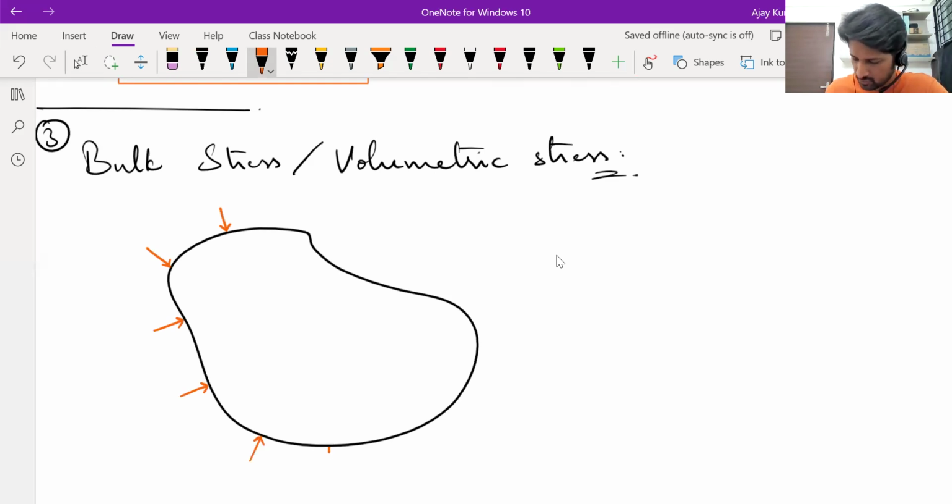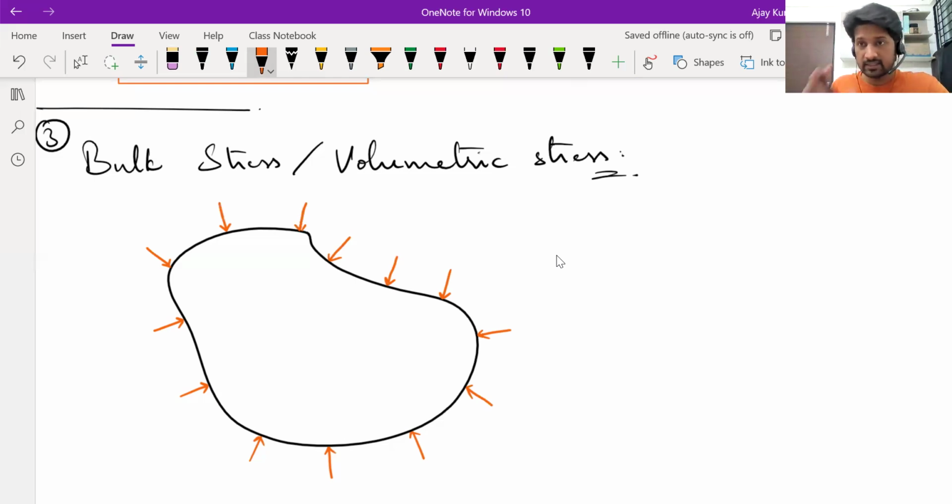let's assume the same amount of force acts at every point of the surface, obviously in different directions. It should be perpendicular to the surface, so at different points the force will be in different directions. That's fine, but let's say the strength of the force is the same everywhere.